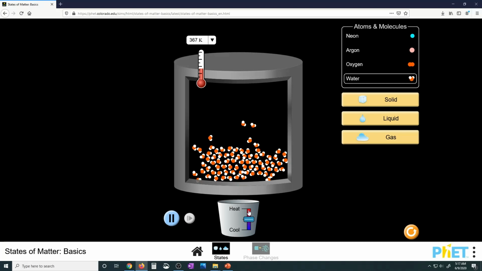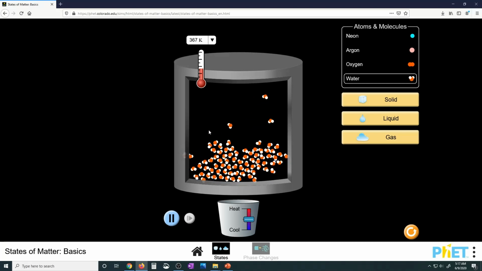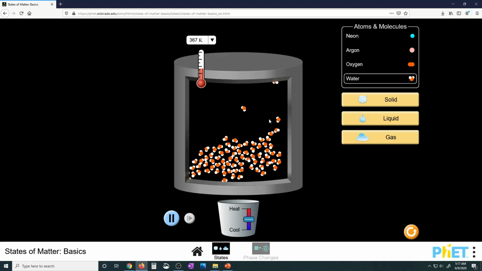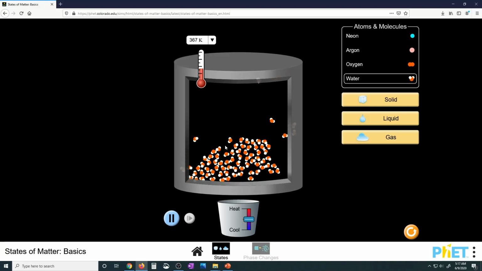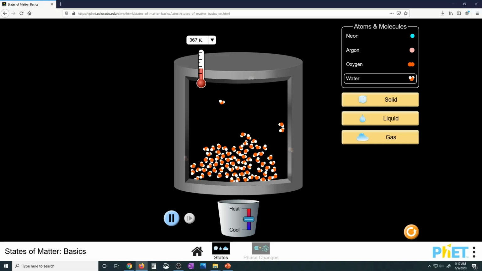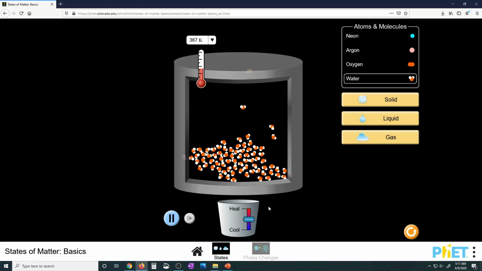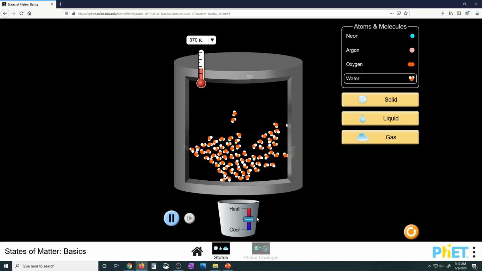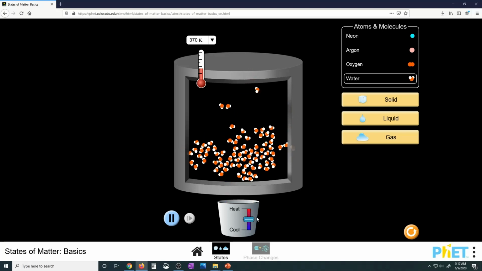Crank this up more. See, some have actually broken off and are escaping. In terms of water, that would be representing evaporation, when individual molecules gain enough energy to escape. Anyway, this gives you at least some sort of way to visualize temperature.